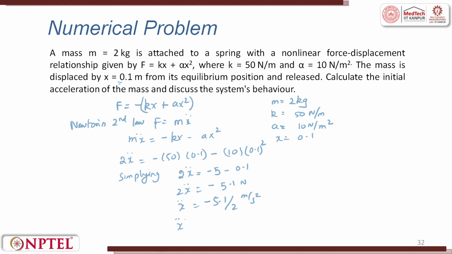So, x double dot is finally equal to minus 2.55 meter per second square. So, the initial acceleration of the mass is 2.55 meter per second square, where the mass will accelerate towards the equilibrium position. Okay. So, here the mass will accelerate towards its equilibrium position.